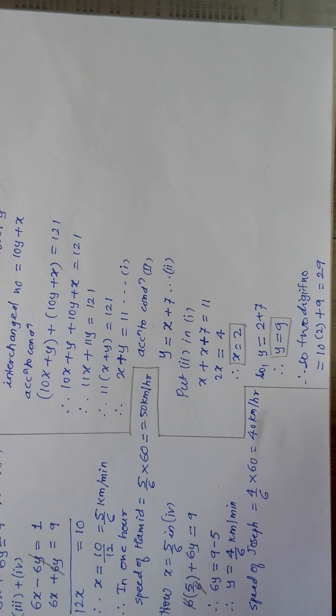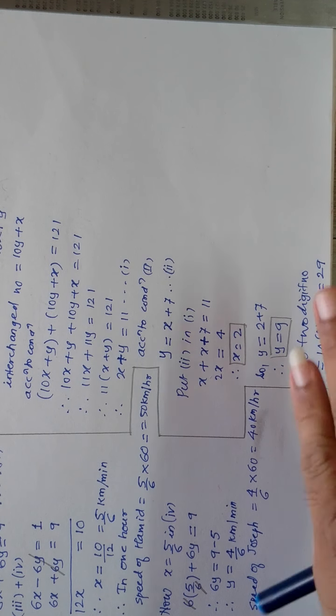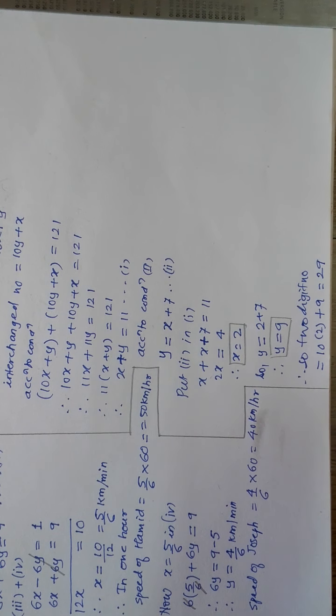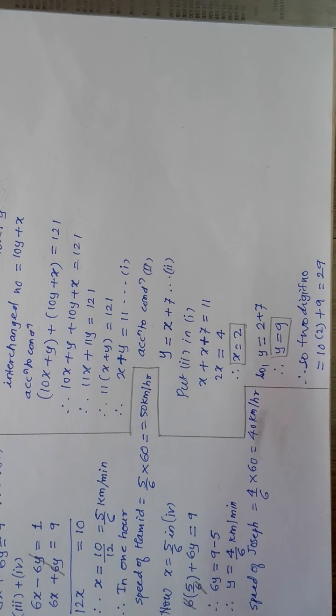So we have completed this chapter with the majority of questions solved. We didn't do only the questions of graphs, that is solving simultaneous equations with two variables, linear equations with two variables using the graphical method, because we lack graph paper or something like that.